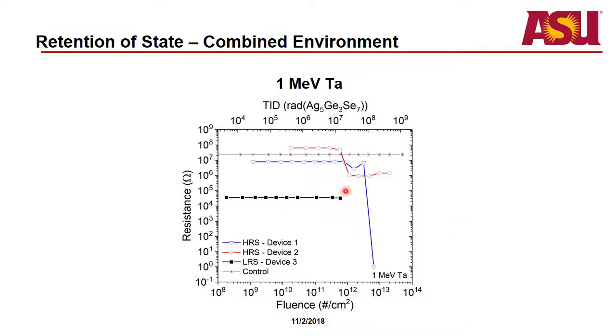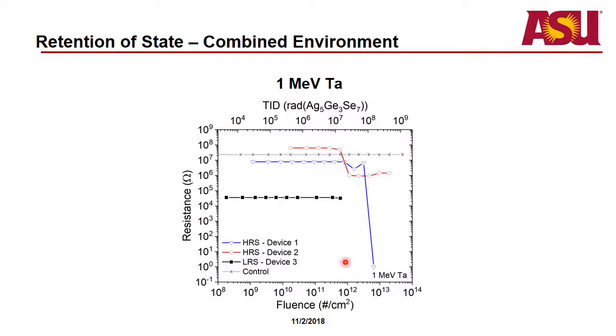I ended up stopping before I hit the fluence that would cause a state change, because I had stopped assuming it wasn't going to change. Then I incremented the beam to higher fluence steps, and I was able to actually resolve that threshold. But again, for this low resistance one, I didn't realize that I had stopped right before I got to that.